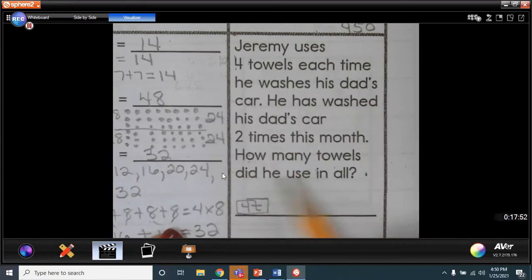How many towels did he use in all? So in all lets us know that we're looking for a total. And when we're looking for a total, this is telling us that we are using what operation? Right, we're using multiplication because we want to know all the towels.